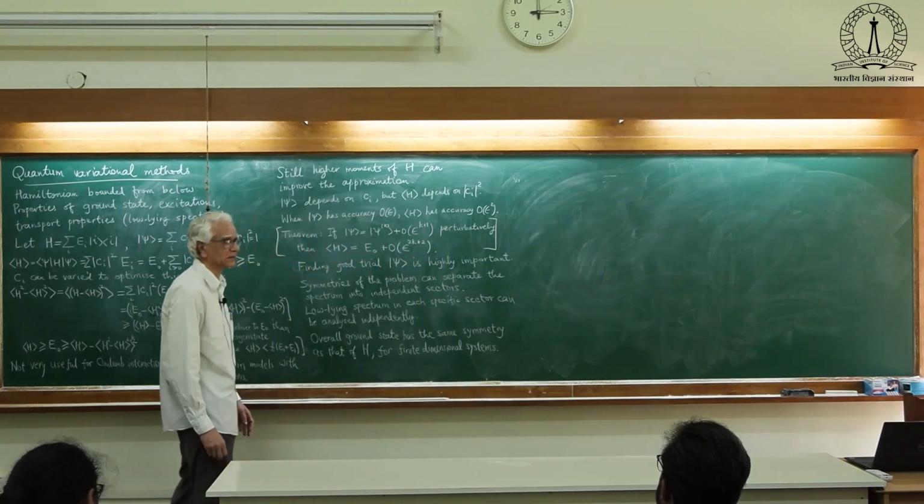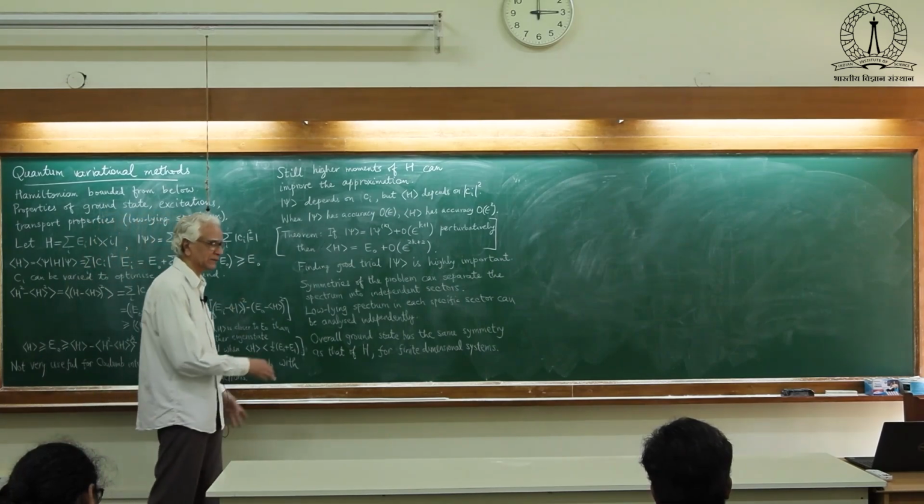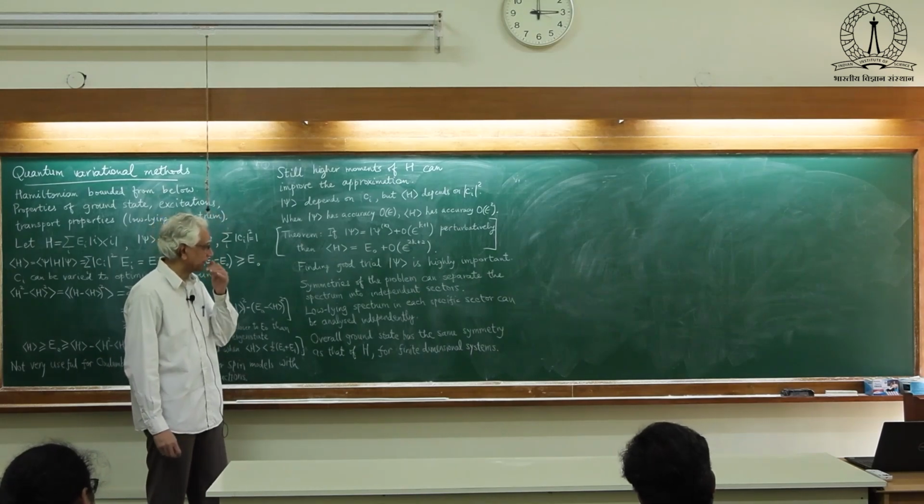Systems are finite dimensional. If the number of degrees of freedom goes to infinity, you have to worry about other stuff, but we are not going to go that far.